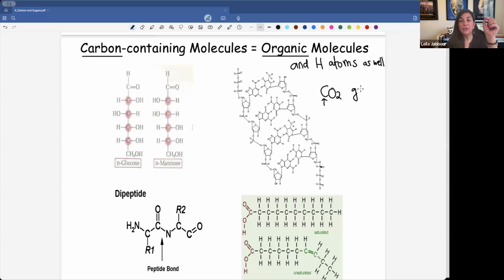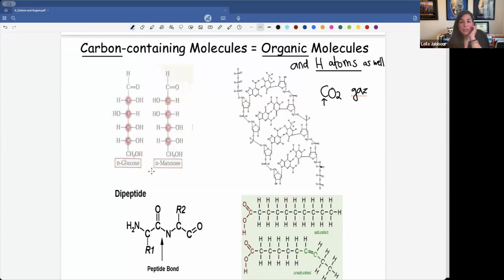This is a gas that you exhale during cellular respiration, during breathing, right? Inhaling oxygen and exhaling carbon dioxide. It's not considered an organic molecule. So really, technically speaking, in the definition, you need to have hydrogen atoms as well in the molecule for the molecule to be truly organic.